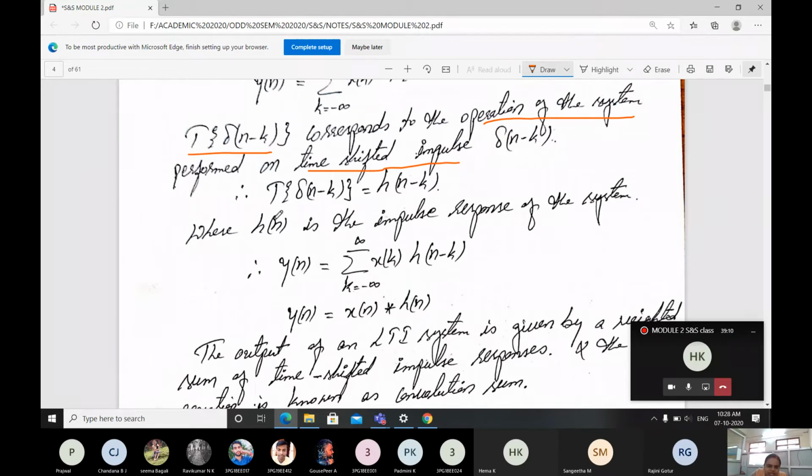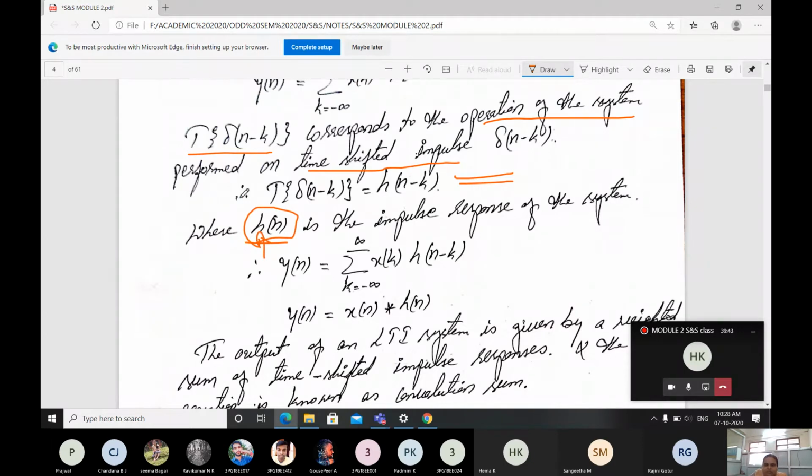Therefore, I can write T of delta of n minus k as h of n minus k. Okay, remember this point, where h of n is the impulse response of the system. Now onwards, if I talk about the impulse response, you have to remember this h of n.